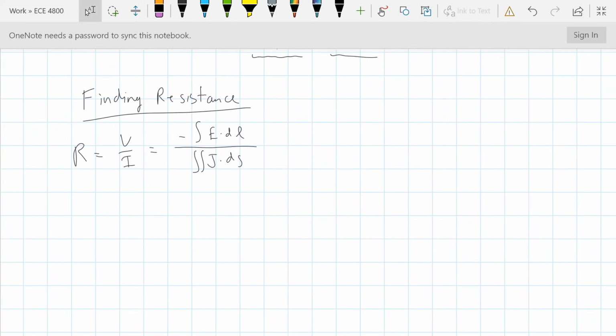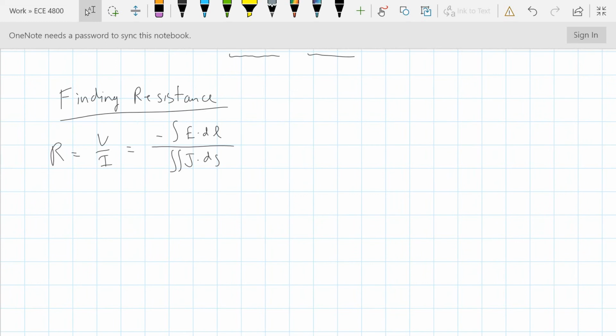If we do this problem step by step, here are my suggestions. Step 1 is you're going to find J as a function of I. So I'm actually going to write that down. Find J as a function of I. Now in this one, it's fairly straightforward.